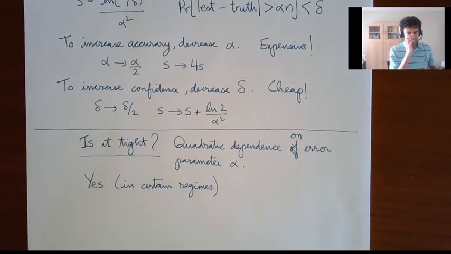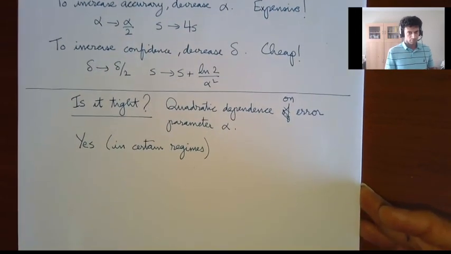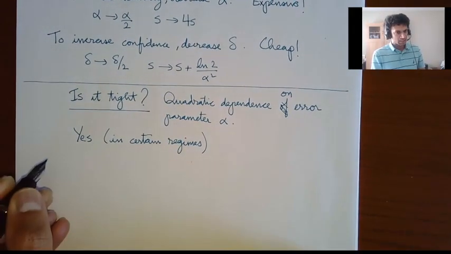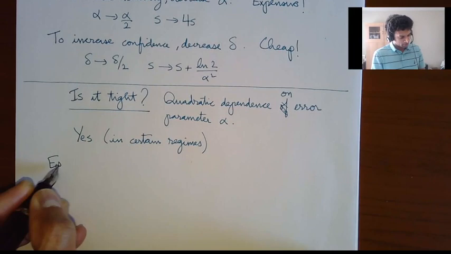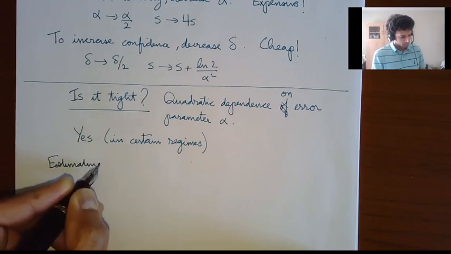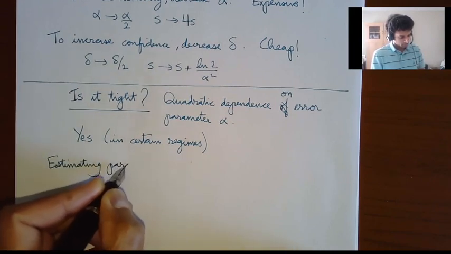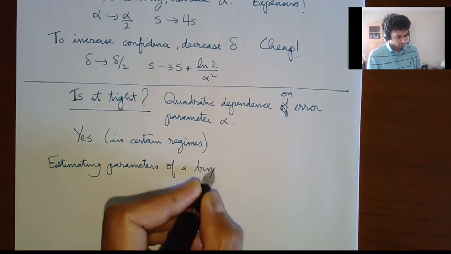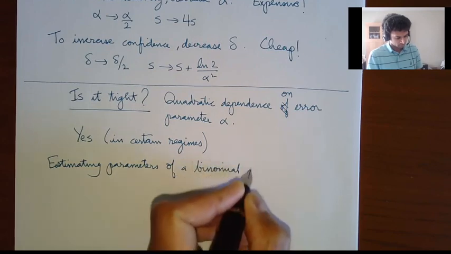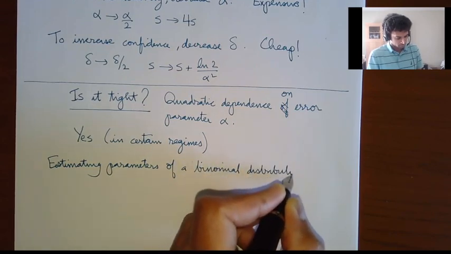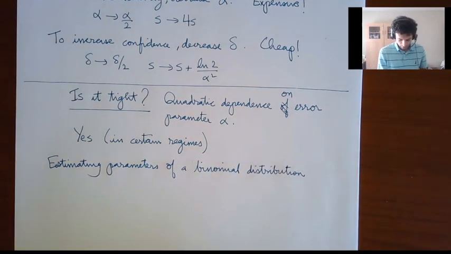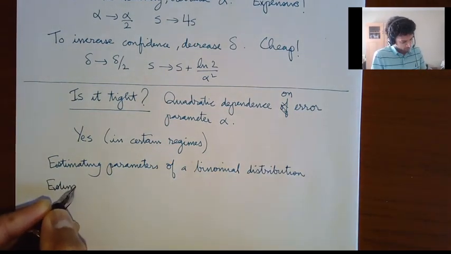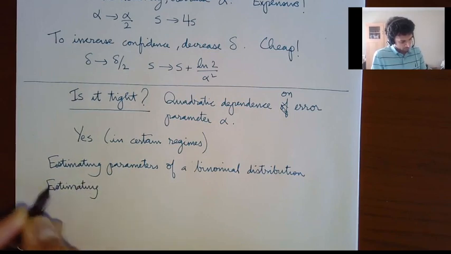So let's investigate this question further. If you look at what we have done, we are basically estimating the parameter of a binomial distribution. Essentially we're estimating the bias of a coin.